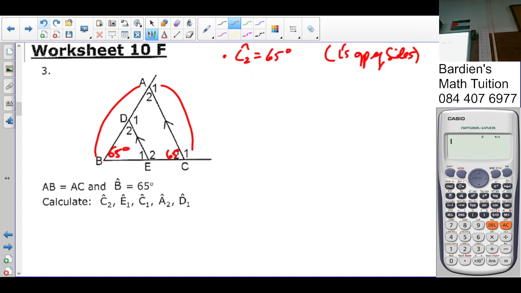Corresponding. You all see the corresponding angles here? That angle is equal to that angle. Are you all okay with that? So E1 is equal to 65 degrees. It's corresponding angles with AC being parallel to D.